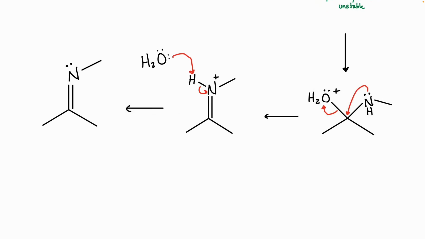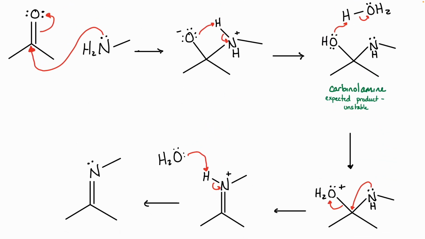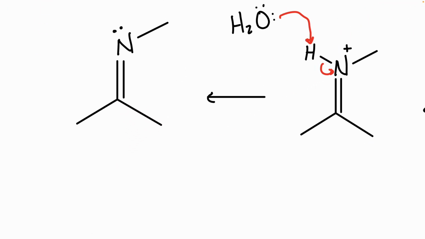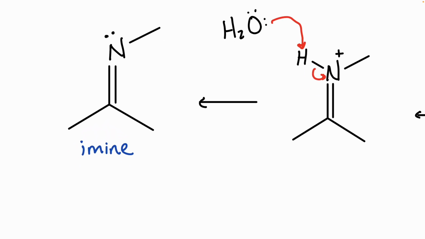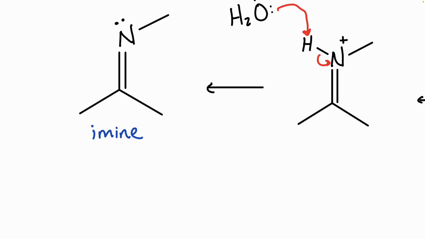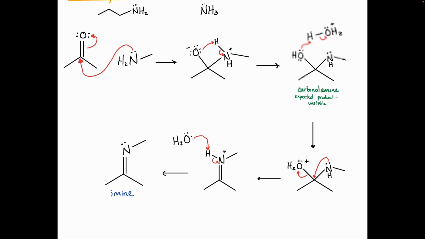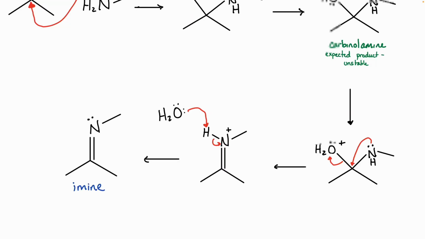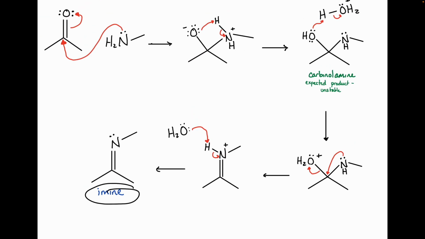And so here is our product of our reaction. We've gone from having this carbon-oxygen double bond to now a carbon-nitrogen double bond, what we call an imine with an I. All right, so our carbonyl groups, our aldehydes and ketones, will react with primary amines and ammonia to form imines.